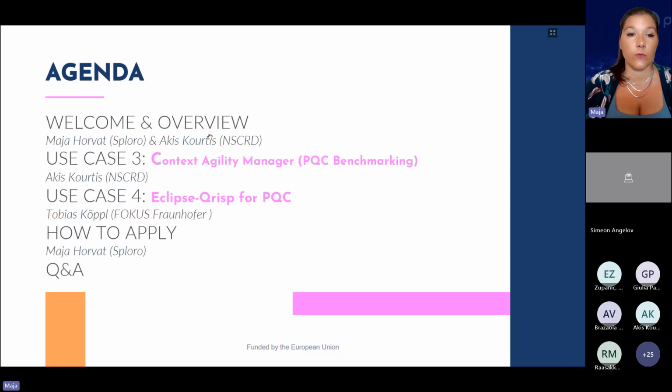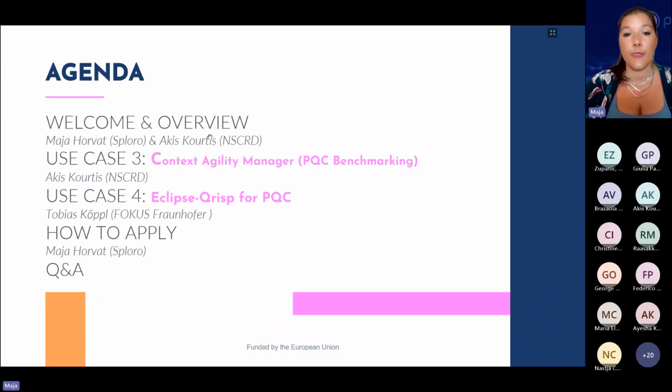So first one will be the use case number 3, Context Agility Manager, and the second one will be use case number 4, Eclipse Qrisp for PQC. And then at the end, I am also going to go into presenting the platform for the applications, because I think it will help you to overcome all these challenges that you might possibly have. And then we will have the Q&A session.